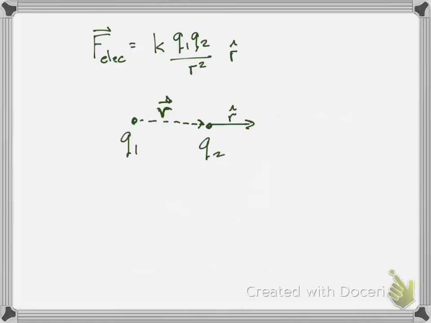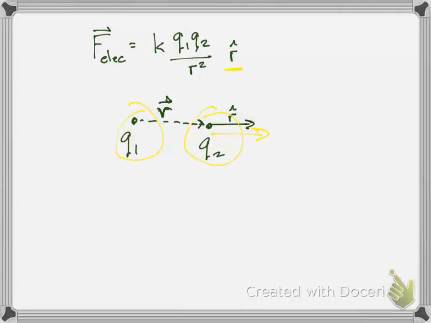So I've written here Coulomb's law, which is the electric force between two point charges. And we said that it's proportional to the values of the point charges divided by their distance squared, and it's in the r hat direction. That's indicated in the picture. If I have two point charges and I want to know the force that Q1 exerts on Q2, if they're both positive, the force is repulsive, so the force is in the radial direction away from Q1.